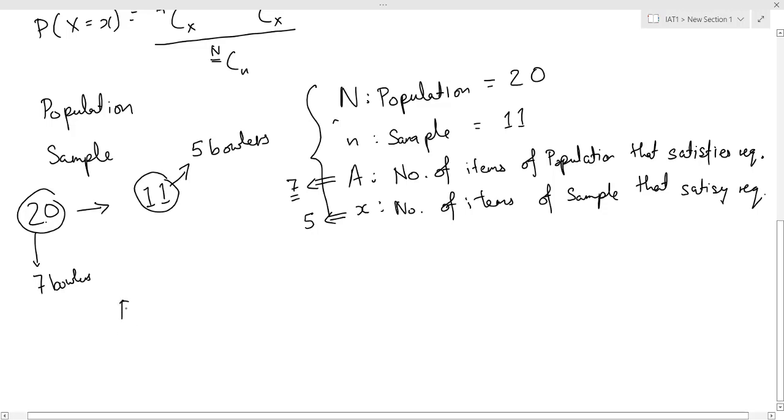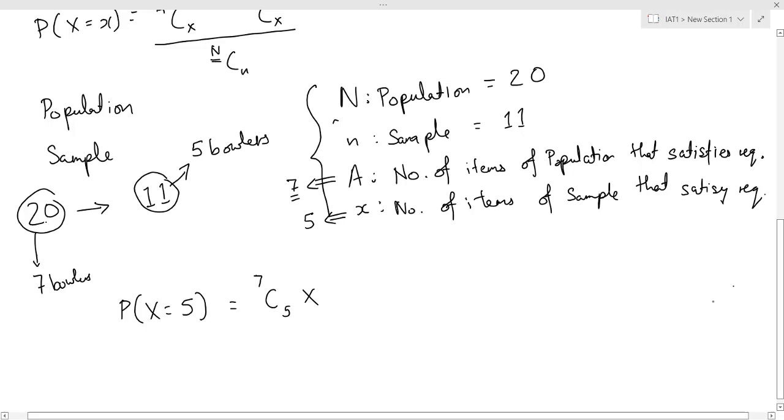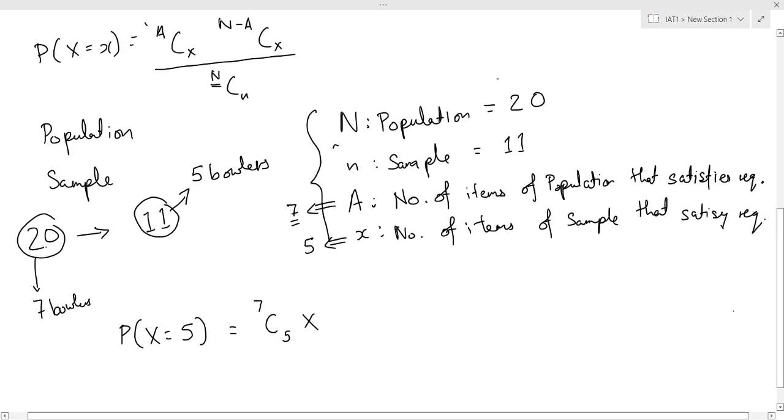So what is going to be your probability? Probability of there being 5 bowlers in the team. First of all, there are a total of 7 bowlers in the 20-man team, out of which we need 5. Then what is the number of non-bowlers? See over here, look at this formula. Our capital N is 20, our small n is 11.